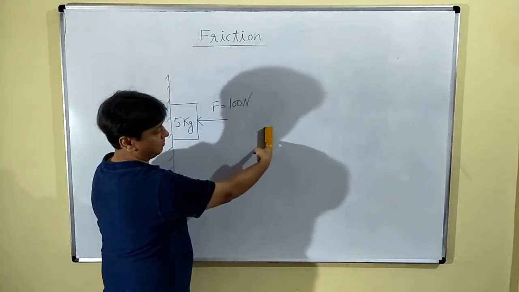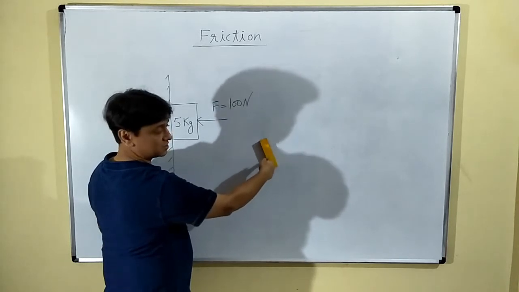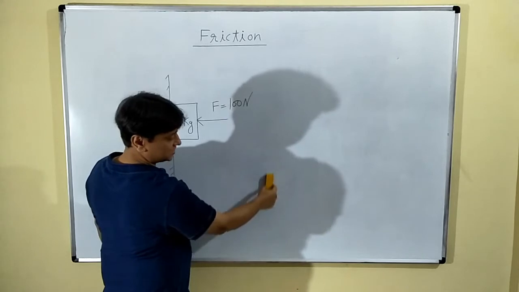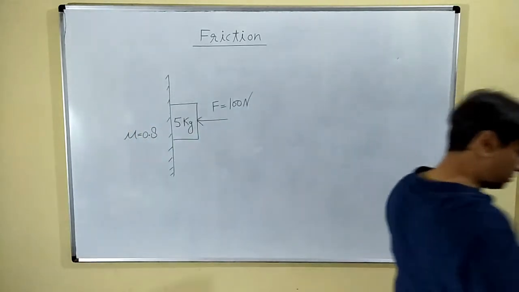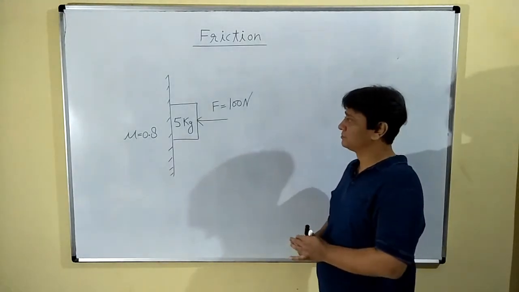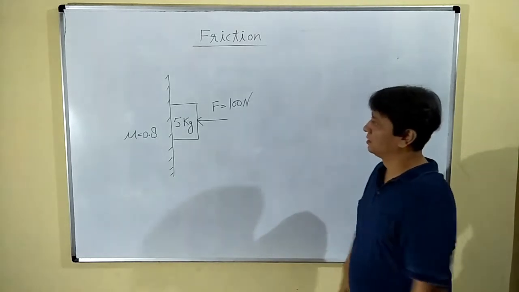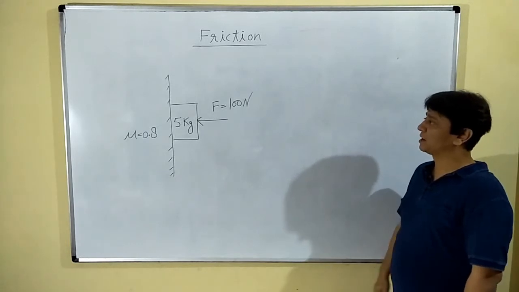Now, we have no idea whether the situation is this or this, which means whether the body is at rest or is coming down or sliding down. We have to decide the friction which is acting on this body and whether this body is at rest or not. Again, pause the video, try to solve it and then come back.